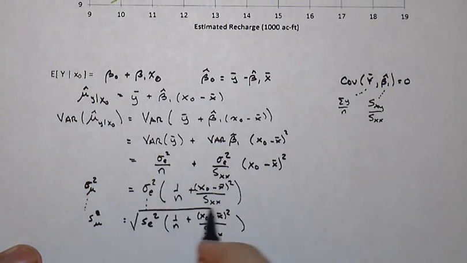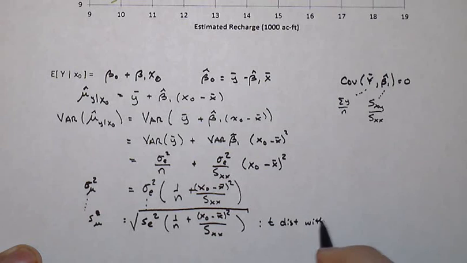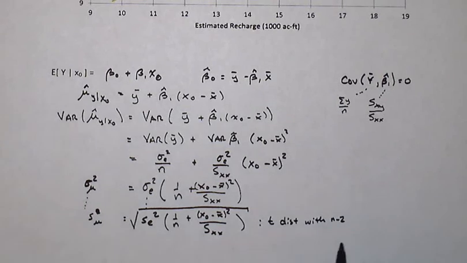That's going to be t distributed with n minus 2 degrees of freedom when we develop our confidence interval.